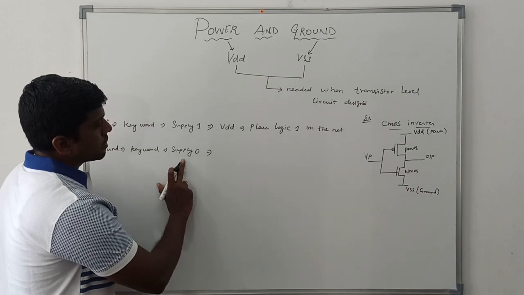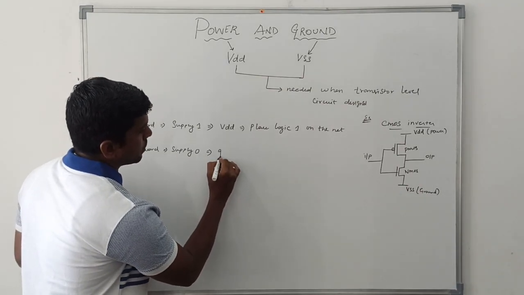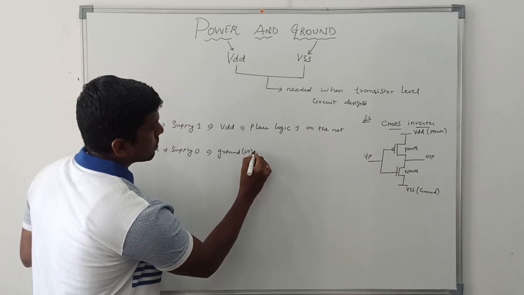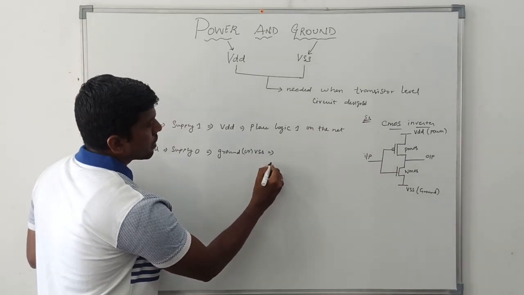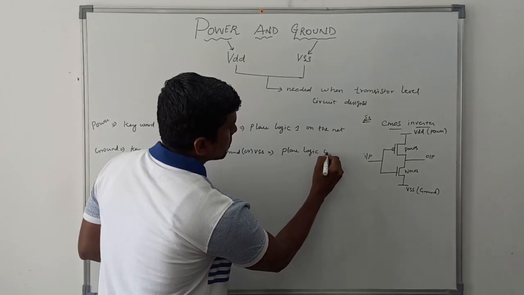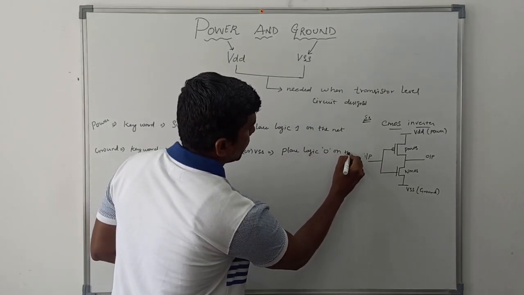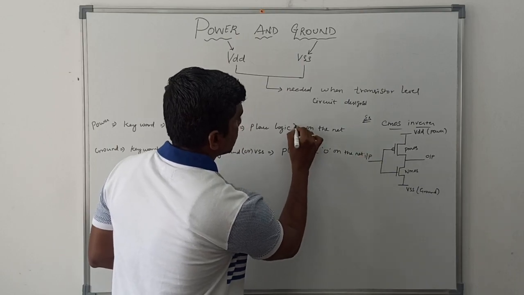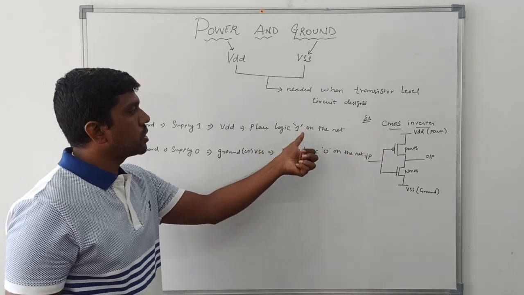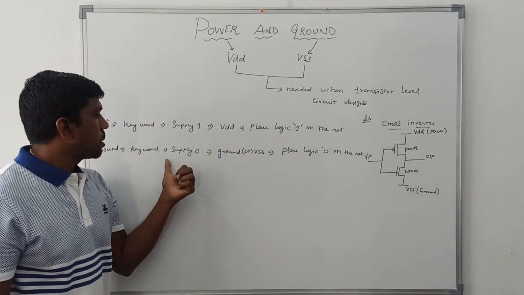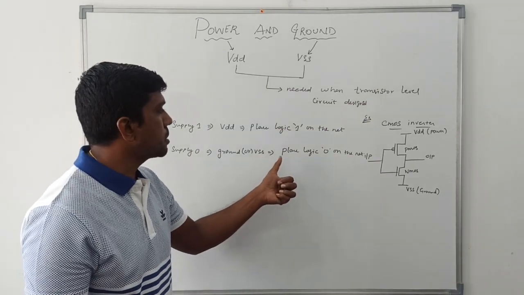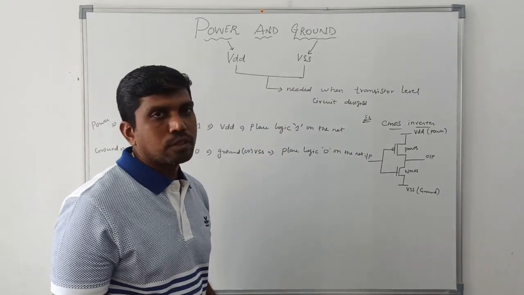The sources of supply 0 are equivalent to ground or VSS and place logic 0 on the net. So supply 1 is equivalent to VDD and places logic 1 on the net. Supply 0 sources are equivalent to ground or VSS, and place logic 0 on the net.